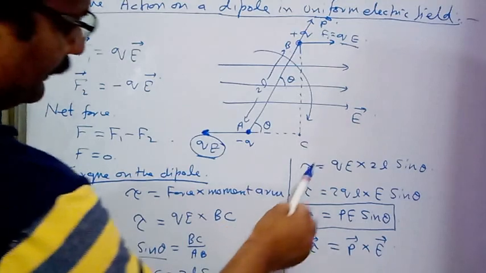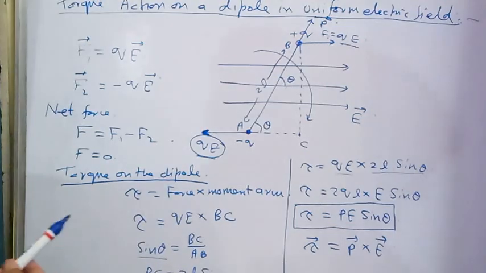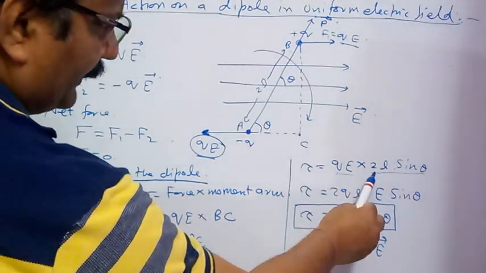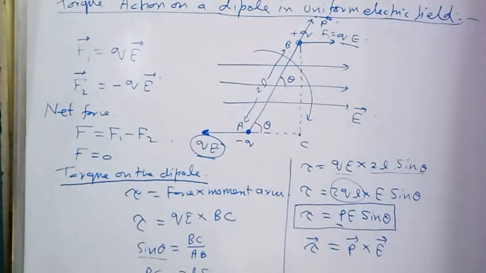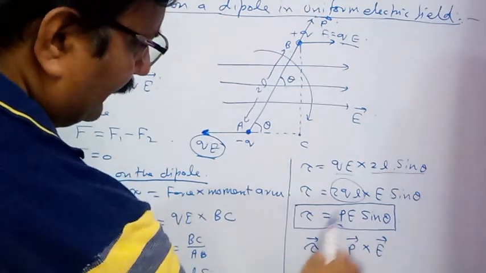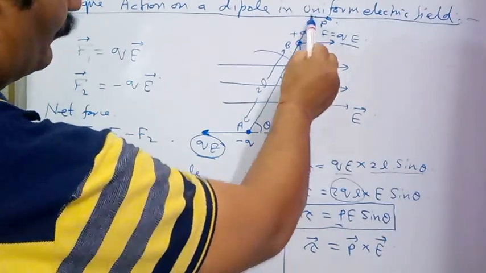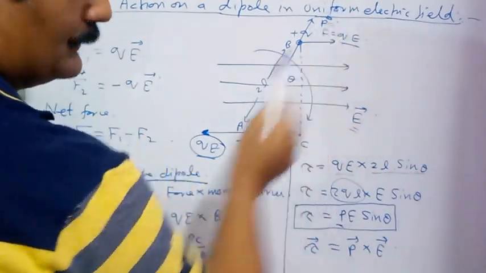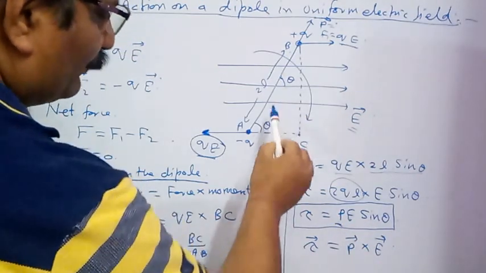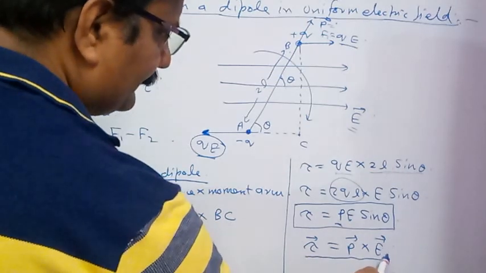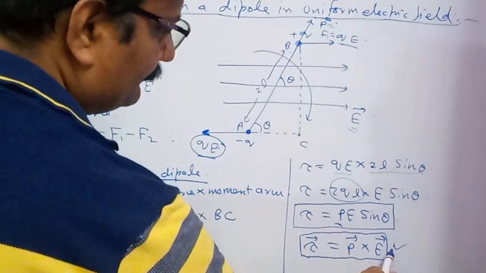So torque acting on the dipole tau can be written as QE multiplied by 2L sine theta, that is moment arm, and we know that Q multiplied by 2L is dipole moment P, and electric field E multiplied by sine theta. As you know, electric field as well as dipole moment are both vector quantities, and they are multiplied as PE sine theta. So torque acting on the dipole is actually the cross product of dipole moment of the dipole and electric field E.